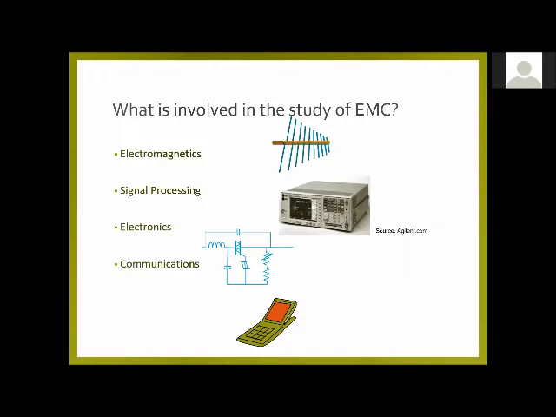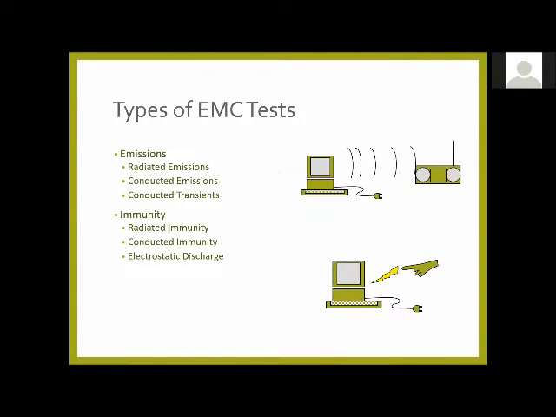Electronics, the filters, and all those wonderful cell phones. The kind of tests that we do are radiated emissions, conducted transients. We also look at whether a device is immune to radiated noise, conducted noise, and ESD.